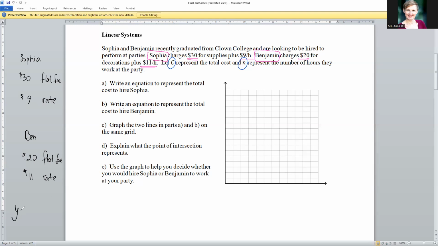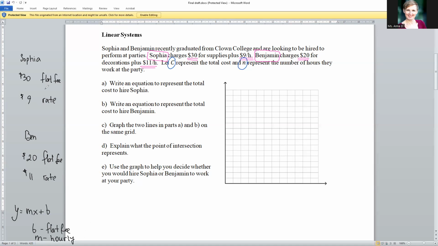Our usual linear equation should look like y equals mx plus b, where b is the flat rate, flat fee, and m is the hourly rate.